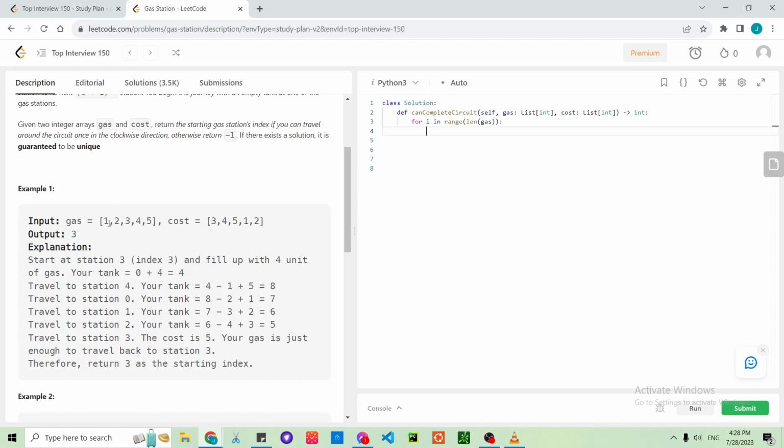And for each try, we need to go through the entire array again. First thing I want to check is if gas[i] is smaller than cost[i], then it simply doesn't work.